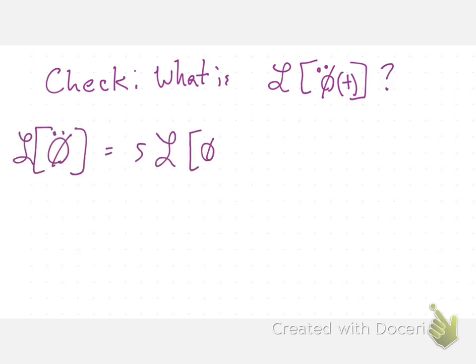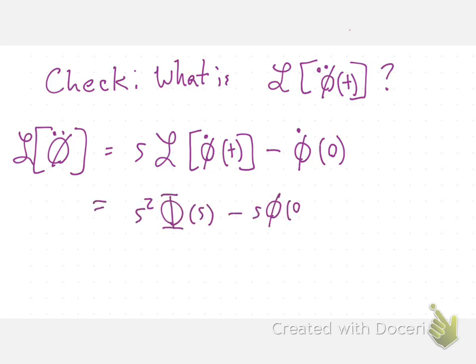We can do this manually and say that it's s times the Laplace transformation of velocity minus our initial velocity, and then take that a step further and say that that's equal to s squared times our position in the Laplace domain minus s times our initial position minus our initial velocity. Or in this case, if we're using phi, s squared times phi of s minus s times our initial phi value minus the initial value of the first derivative of phi.